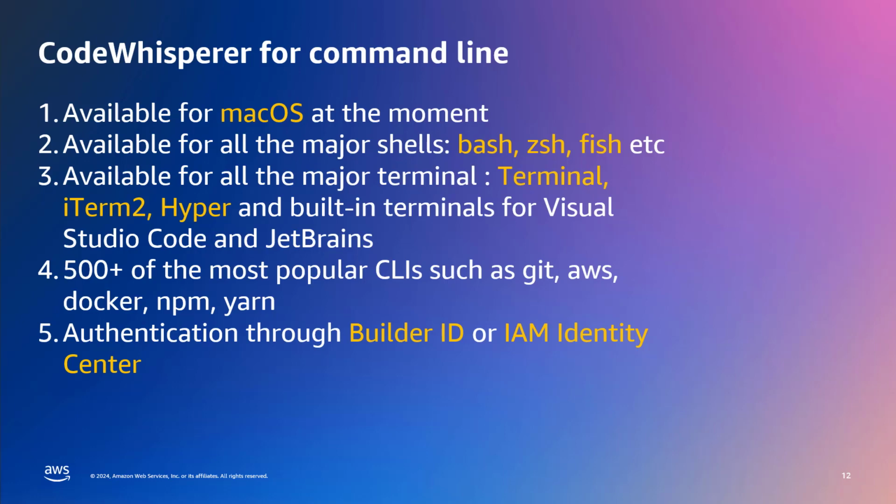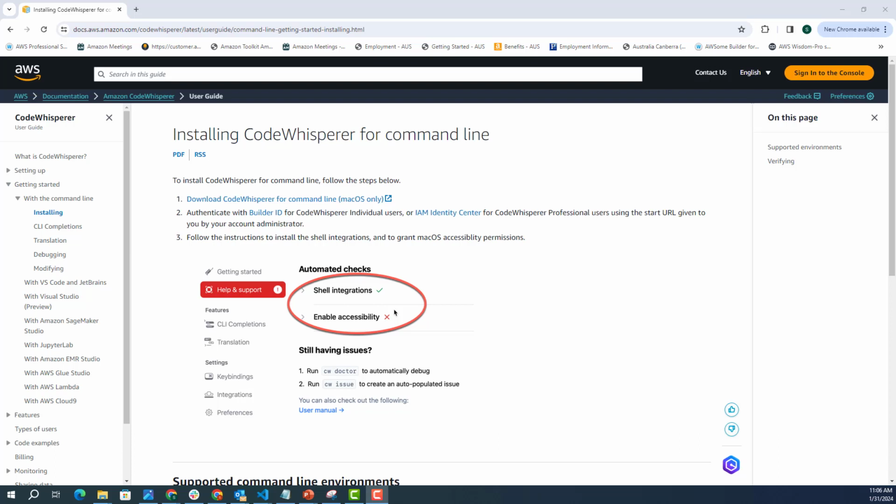So with that, let's have a look at how it works. To start using CodeWhisperer for command line, you first need to install it. This is the link where you find all the steps for installing it. This is the utility that you need to download for macOS, and again, it is only available for macOS at the moment.